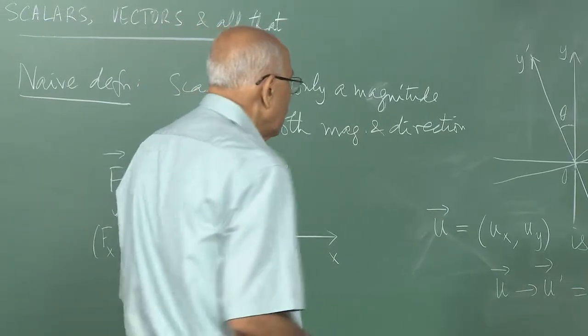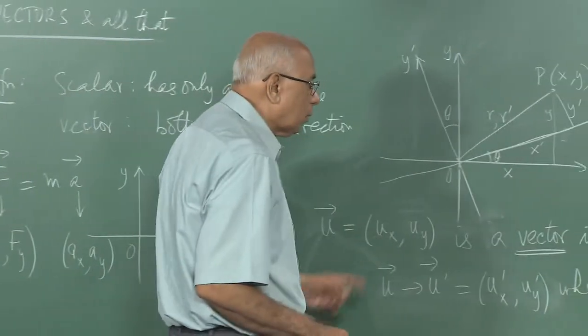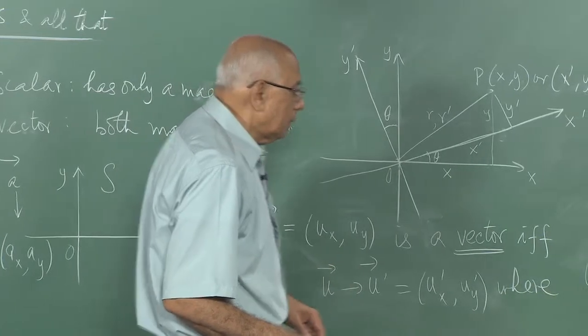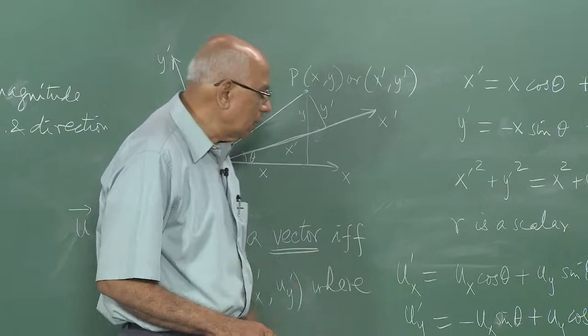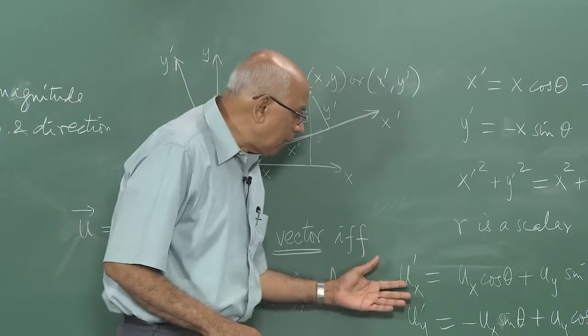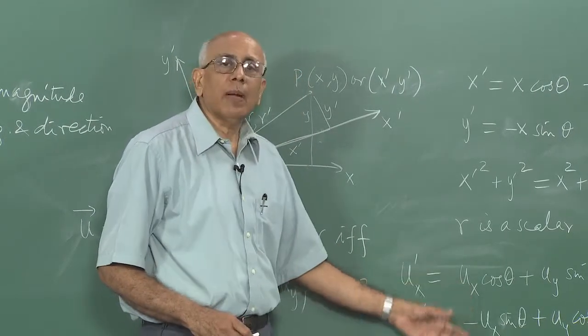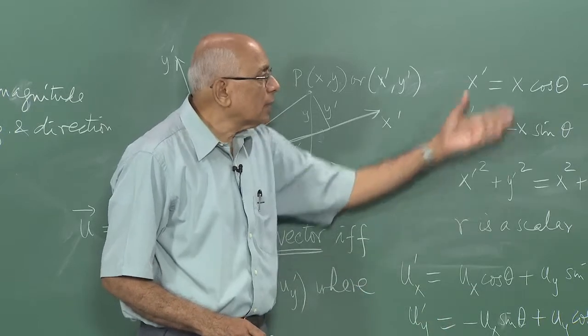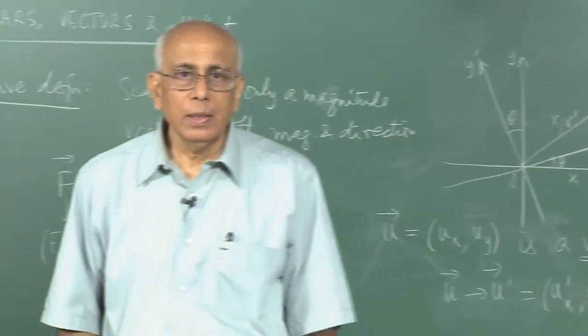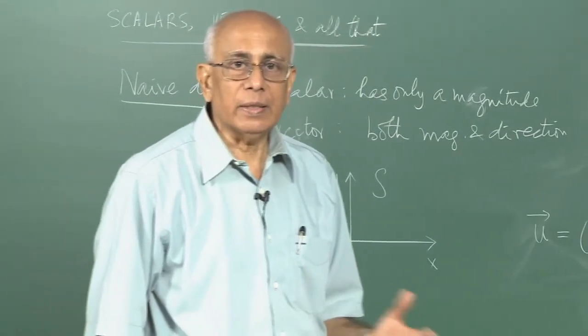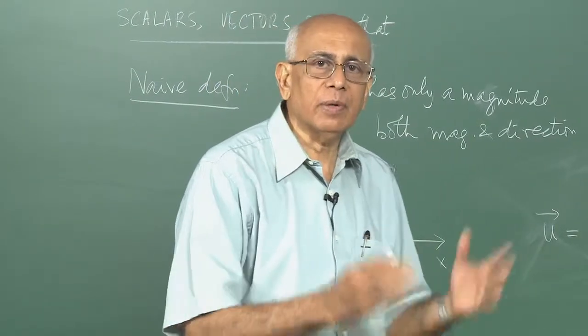Okay. Once you are guaranteed that the quantity is a vector, then we use the fact that it transforms in this fashion to predict what the prime quantities are from the unprimed quantities by a rule which is the same as the rule for coordinate transformation itself. Okay. So this is the correct definition of a vector, and it is extendable to any number of dimensions.